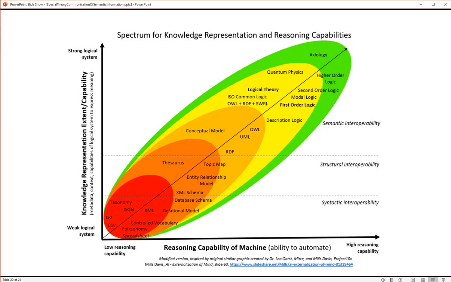And explained in another way, here is a visualization that shows you the spectrum of knowledge representation and the related reasoning capabilities of an approach to representing information. And you can see where logical theory is in this, which is reasonably high, and you see where a CSV file is, or a spreadsheet. There, it's very low.